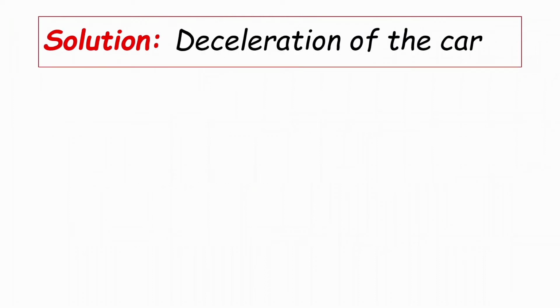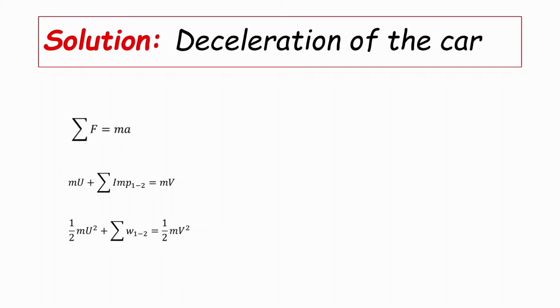So we're going to go forward to calculate the deceleration of the car. Which equation is most suitable? Considering all the equations that we have, we know that the only equation among the kinematic relations that has an acceleration component is the first one: summation of forces equals mass times acceleration. So this is the one we're going to use to estimate the acceleration of the vehicle.